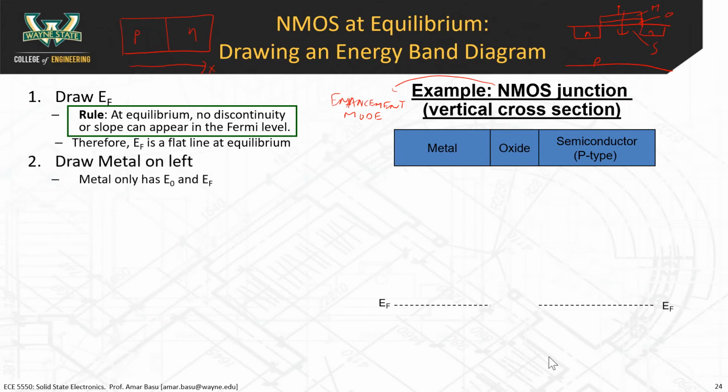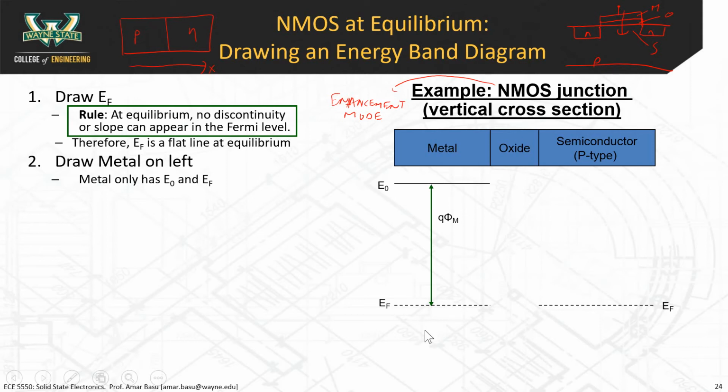The next step is to draw the metal on the left-hand side of the diagram. The metal only has the Fermi level, EF, and the vacuum level, E0. You draw E0 up here, and the way that you know the distance between these two is that you'll be given the metal work function in a problem.